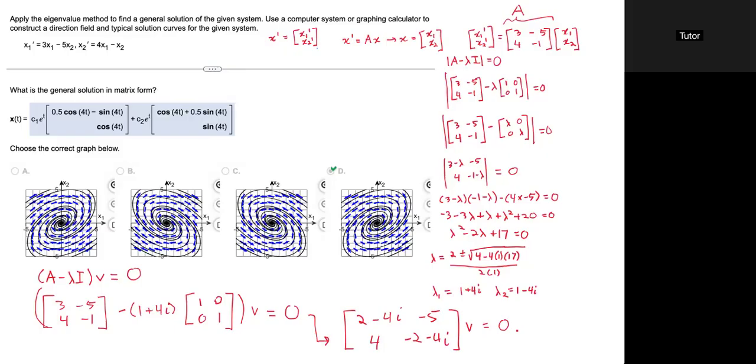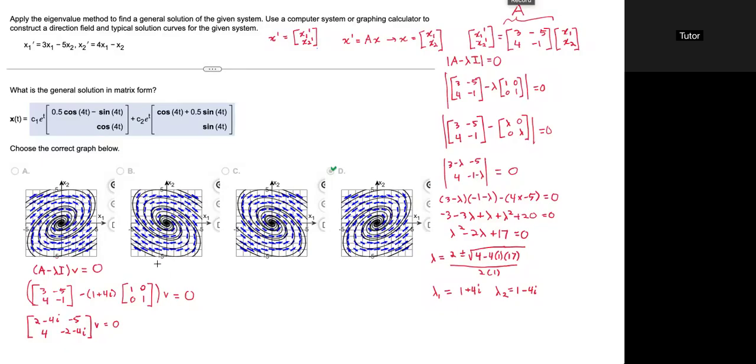So in order to solve this problem, we can write our augmented matrix. So our augmented matrix in this scenario will be written as 2 minus 4i, -5, 0, and 4, -2 minus 4i, 0.